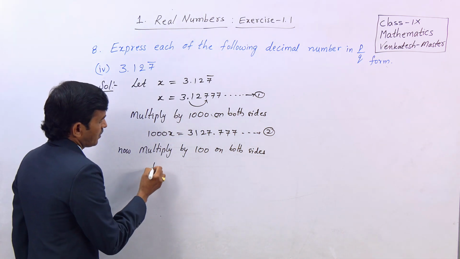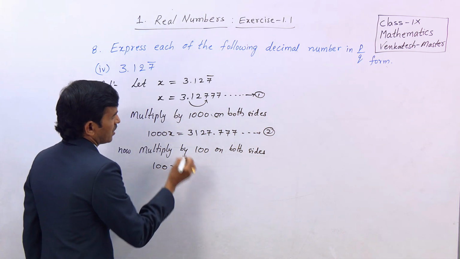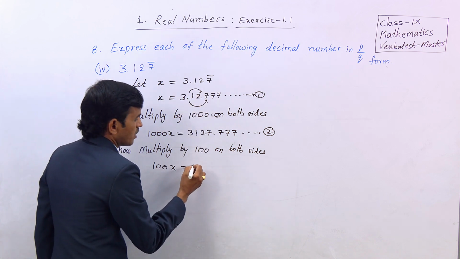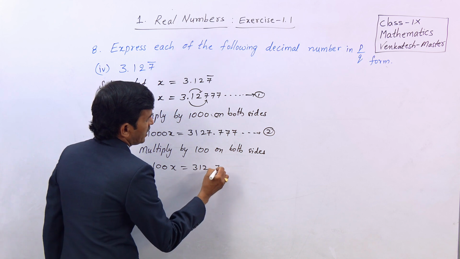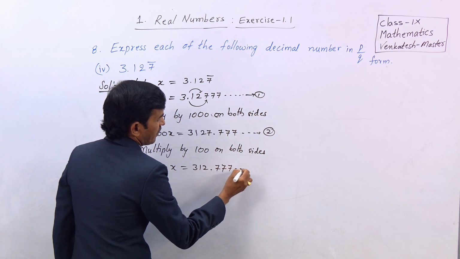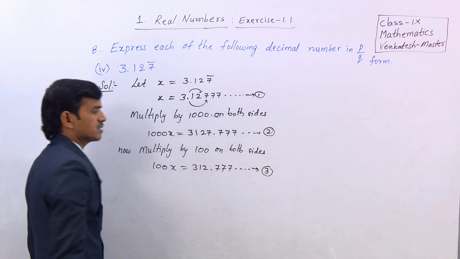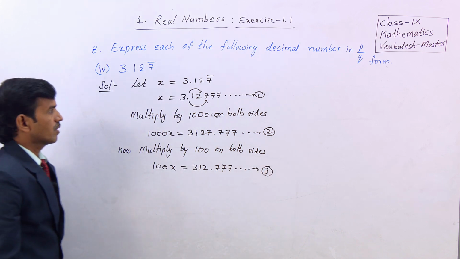Then what does it become? 100 times of x is equal to, it moves 2 digits, right? So it becomes what? 312.777 and so on. Let this be equation 3.